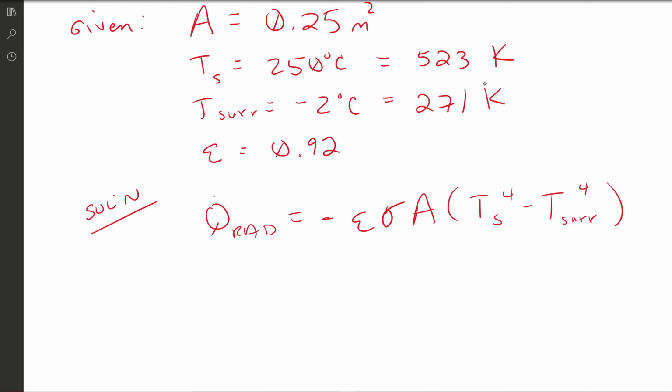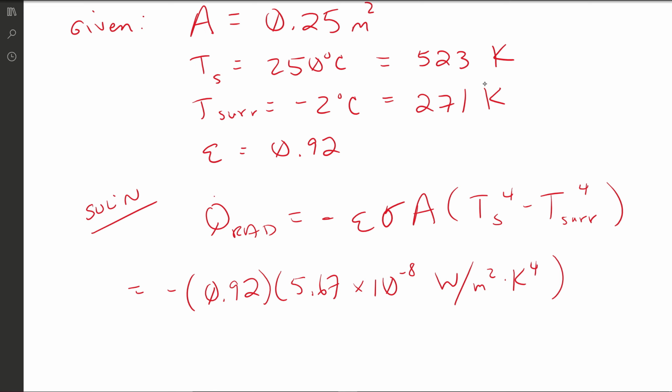And then we'll just substitute in negative 0.92 times 5.67 times 10 to the negative 8 watts per meter squared times K to the 4th, times 0.25 meters squared, times 523. Sorry, it should be 523 Kelvin.